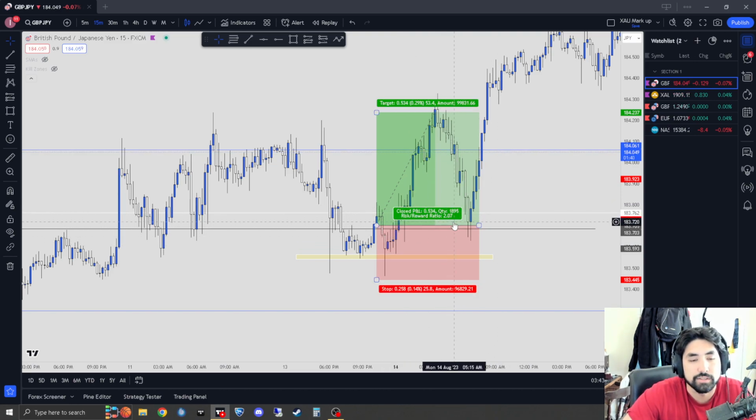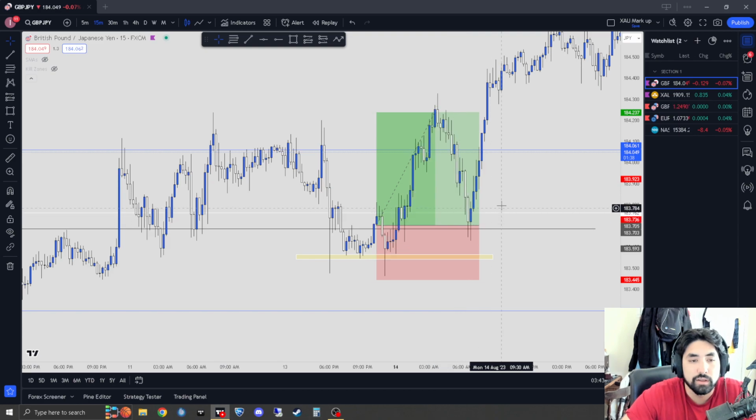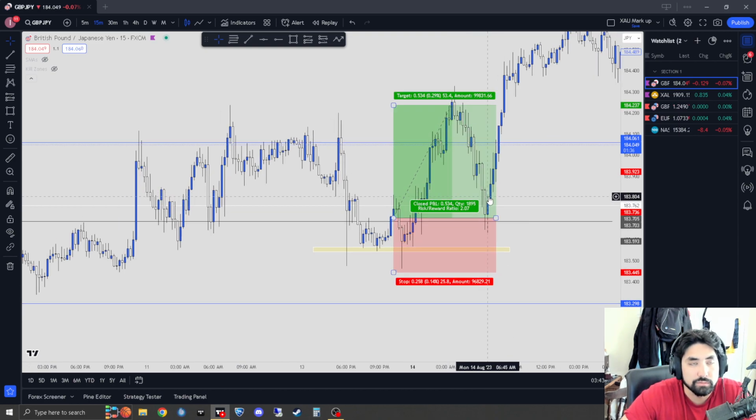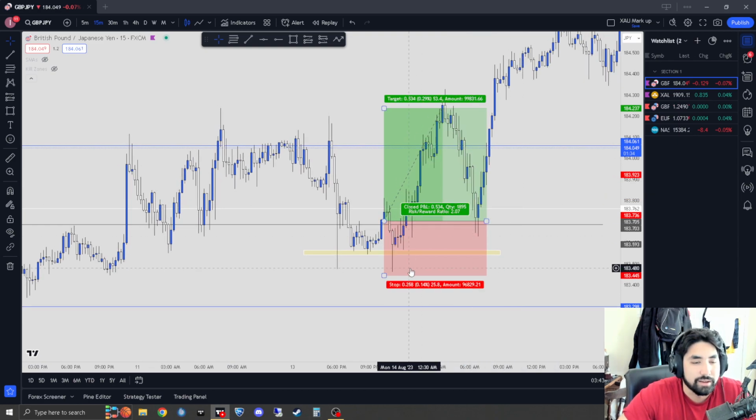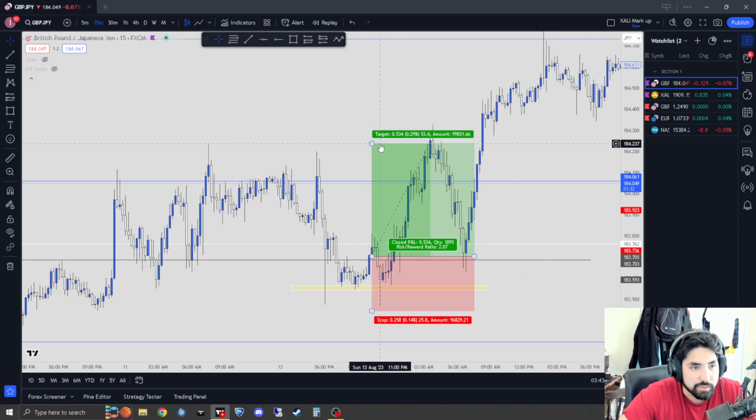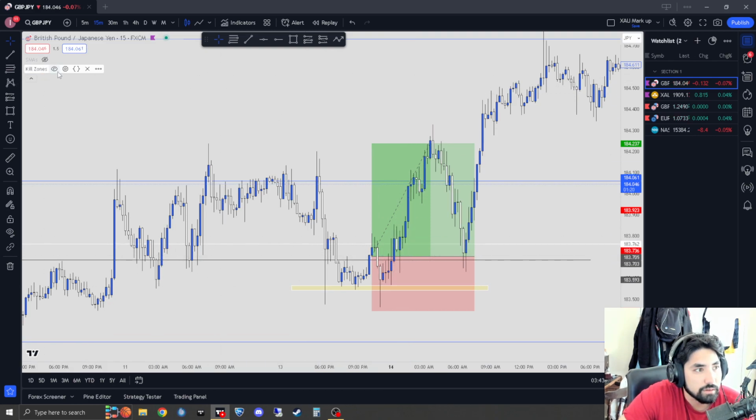So as you can see here, this is a 1 to 2.07. So I'll make 2.07%. I always put my take profits at the resistance in a buy bias situation. It comes up during London session.